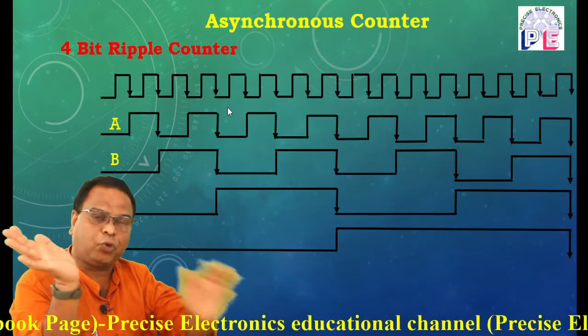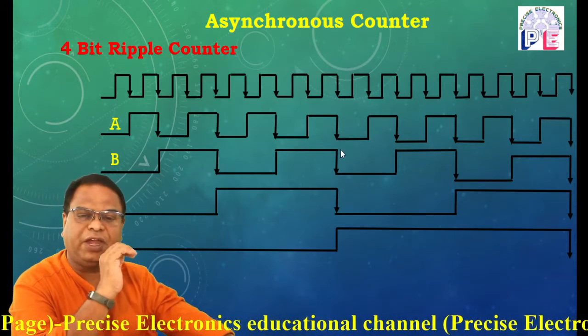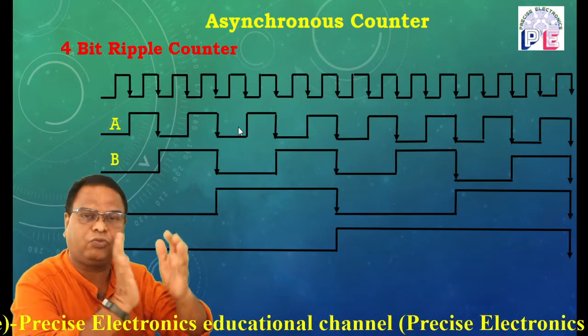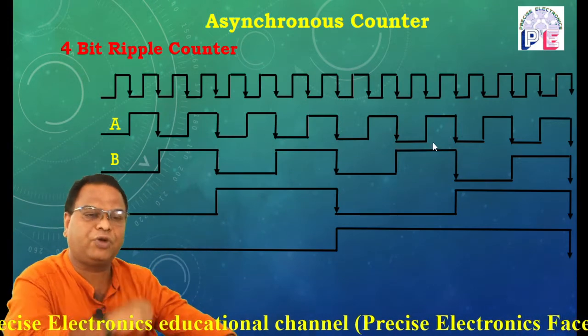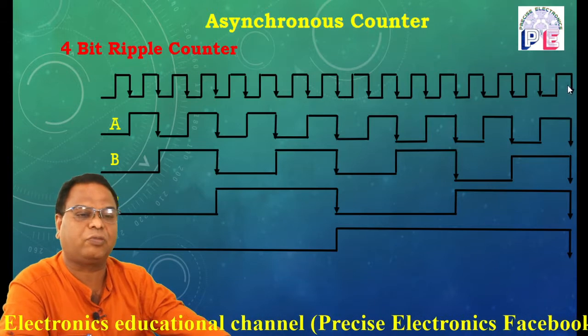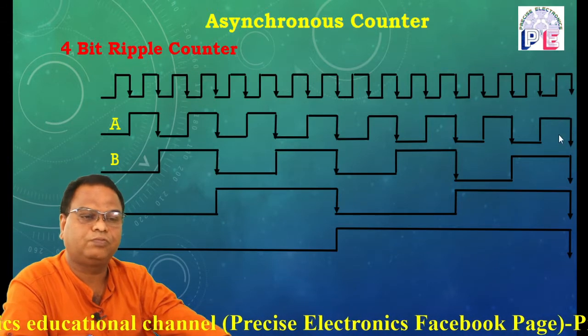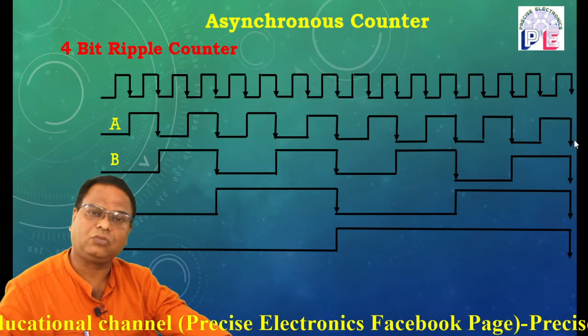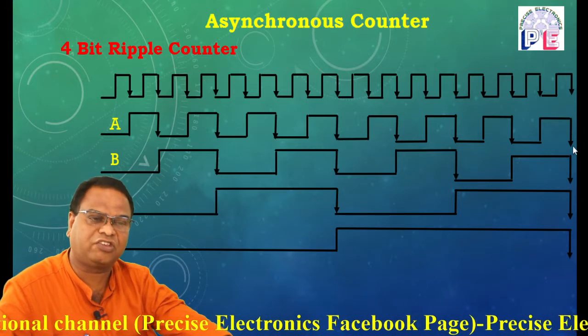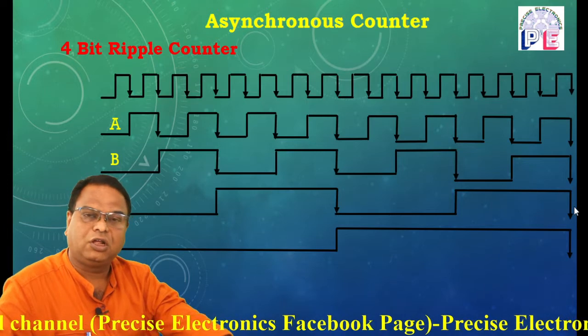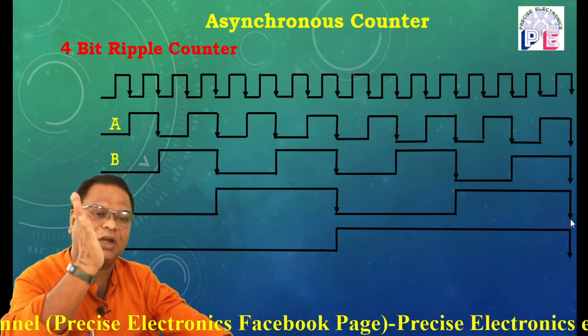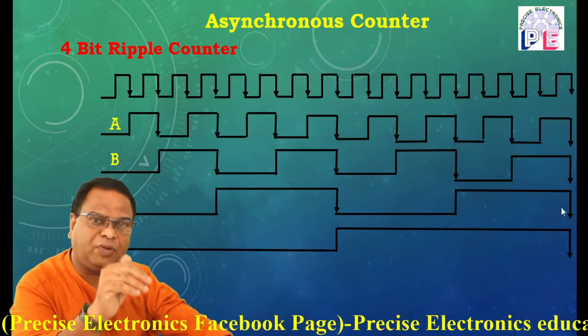This process continues, which means the bit counter progresses from 0 0 0 to 1 1 1. At the end of the 16th clock pulse, the output of A flip-flop changes from 1 to 0. This negative edge toggles B flip-flop, it changes the state from 1 to 0. The negative edge of B flip-flop drives the C flip-flop.